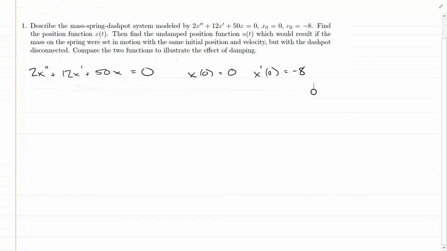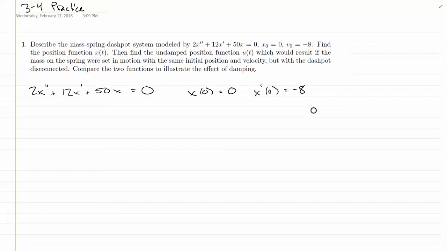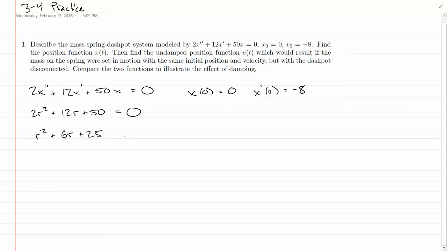Okay, so we want to solve for x, we want to figure out what that function is. In order to do this, we want to solve the characteristic equation 2r squared plus 12r plus 50 equals 0. We can simplify things by dividing both sides of the equation by 2.